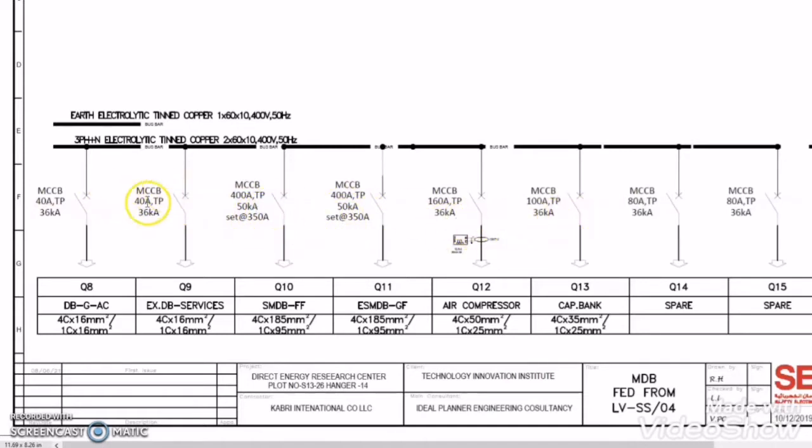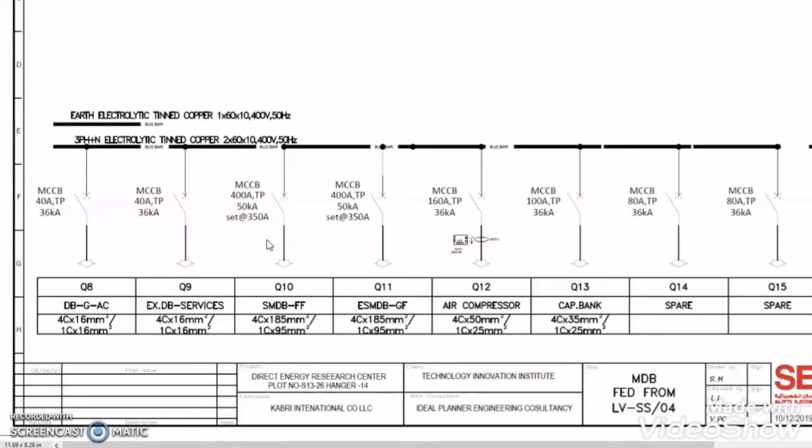So it means that for some of the loads, the maximum prospective fault current is 36 kiloamperes, and for some of the loads of the same MDB, the maximum prospective fault current is 50 kiloamperes or less. It means that from the same panel, different loads may have different prospective short circuit fault currents.